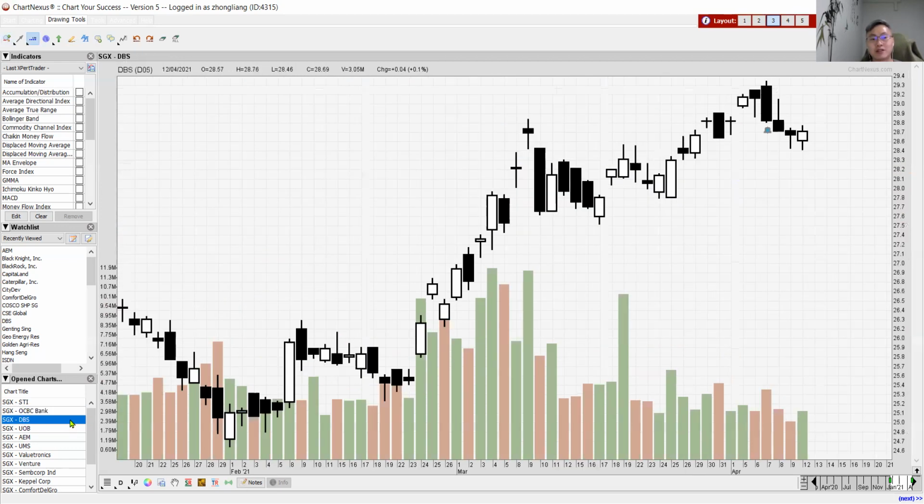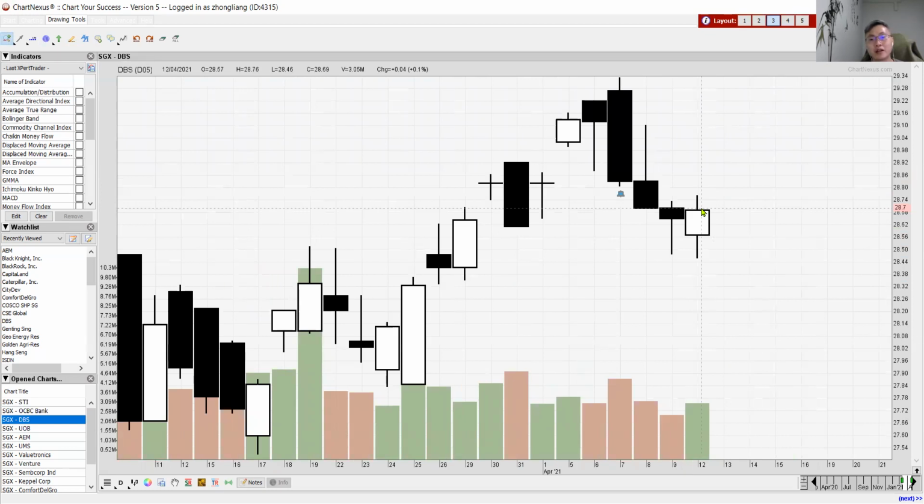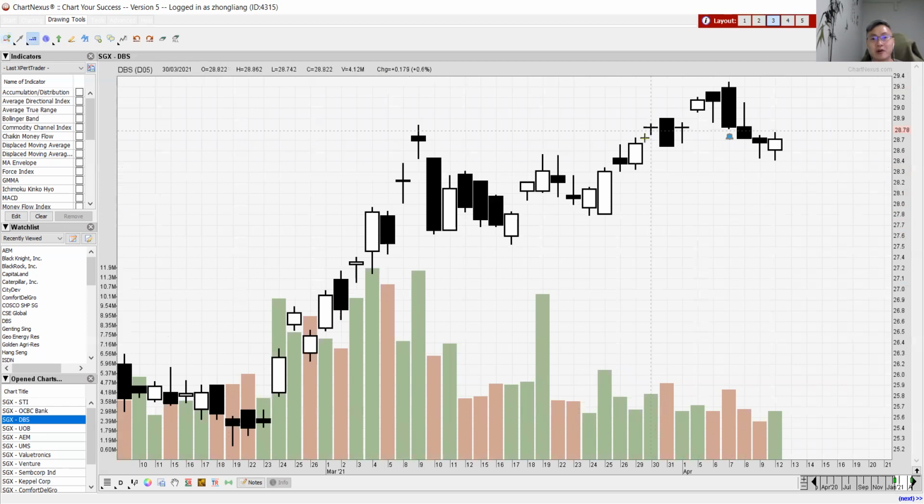Now, looking at DBS, DBS has a relatively good day today, because despite a lower opening, DBS managed to close higher in the positive region. So this actually tells us that the support level managed to hold.